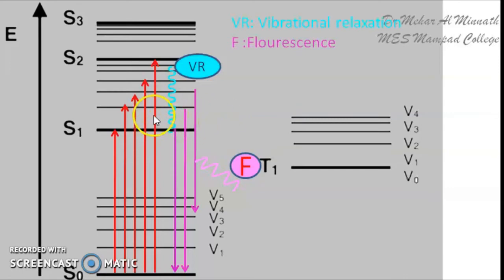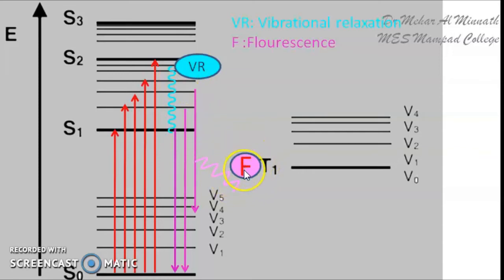Now the time taken for absorption is very fast. It's about 10 to the power of minus 15 seconds. And vibrational relaxation is also very fast. It's around the same time span, between 10 to the power of minus 14 to 10 to the power of minus 11 seconds.